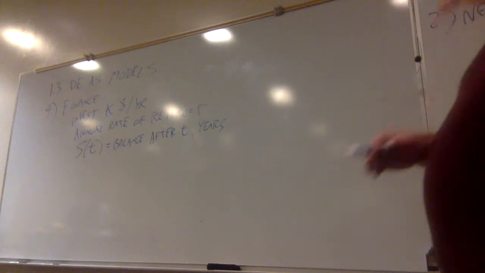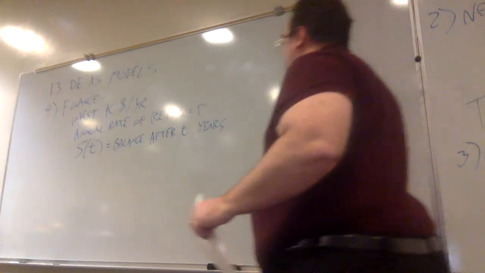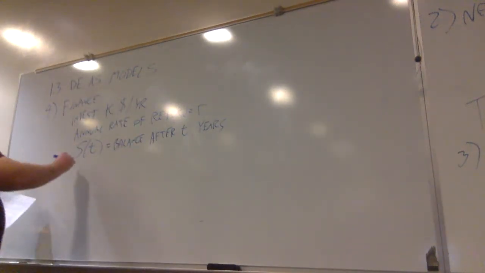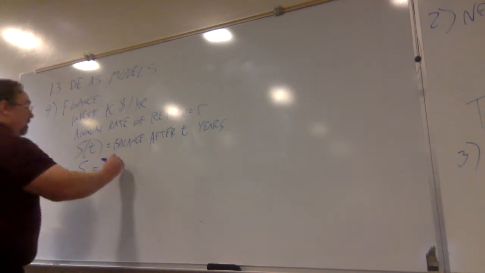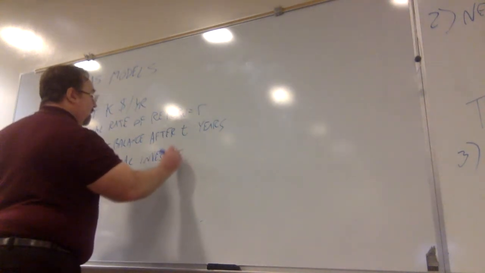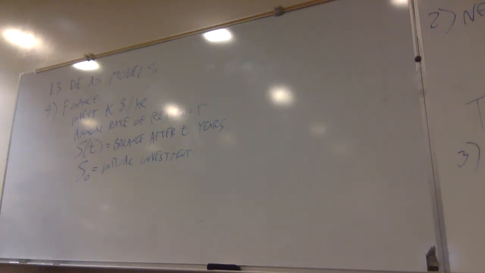So you have to pay attention to units as you're deriving such equations. And we'll assume that S naught is the initial amount, so how much does it start with before you start pouring in K dollars per year?